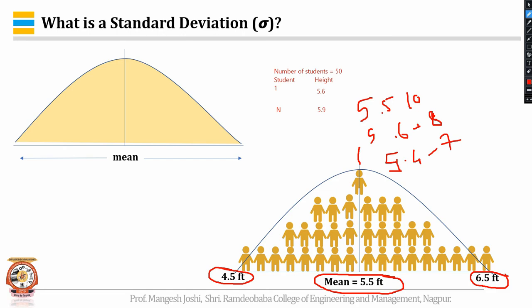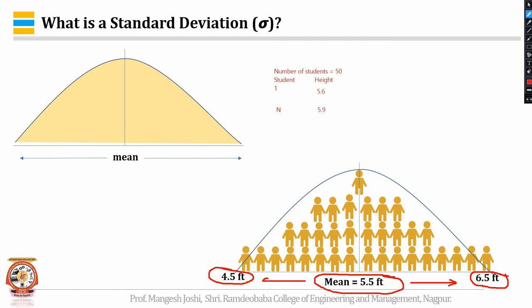You will see that at the central value, the mean value, you have more students, and as you progress towards the right or left side, the number gets reduced. This is basically a normal distribution, where heights are normally distributed.